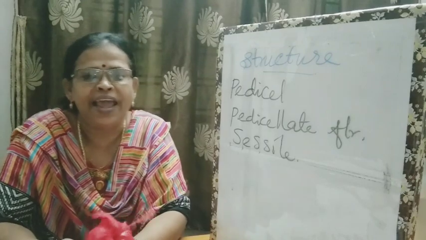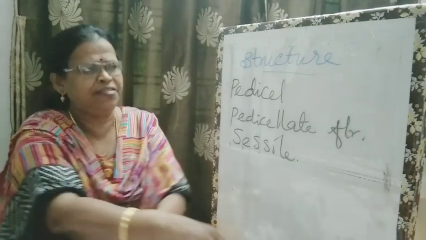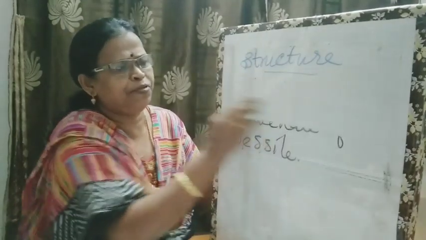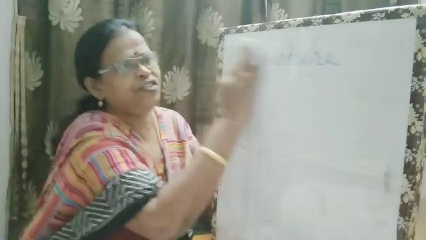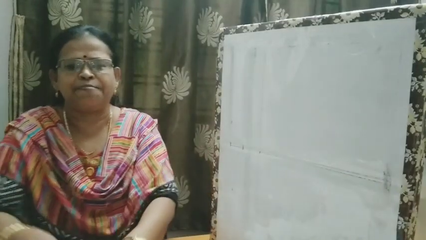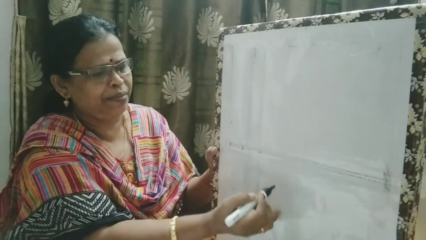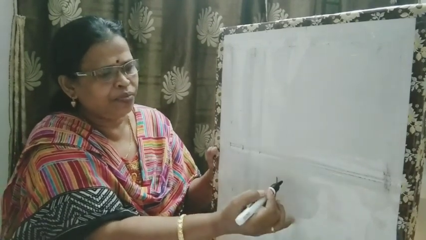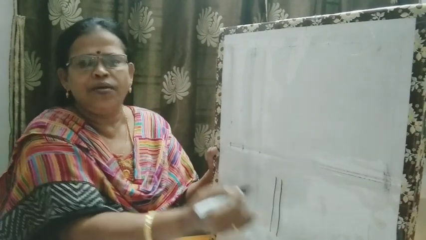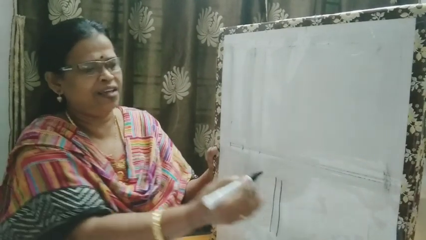Right. The tip of the pedicel is expanded, and that expanded part is called a receptacle or thalamus. What is this called? Pedicel.